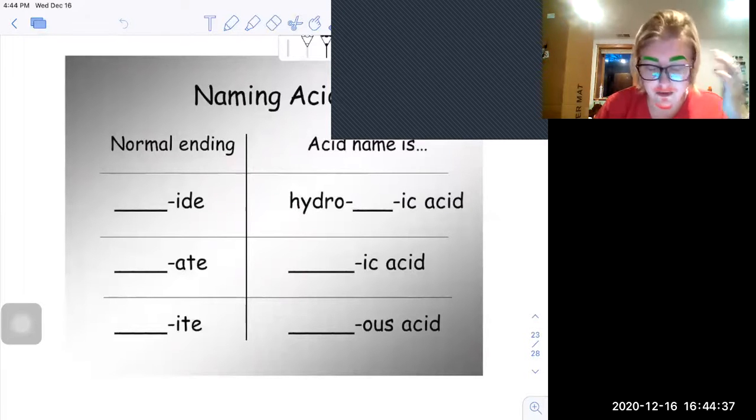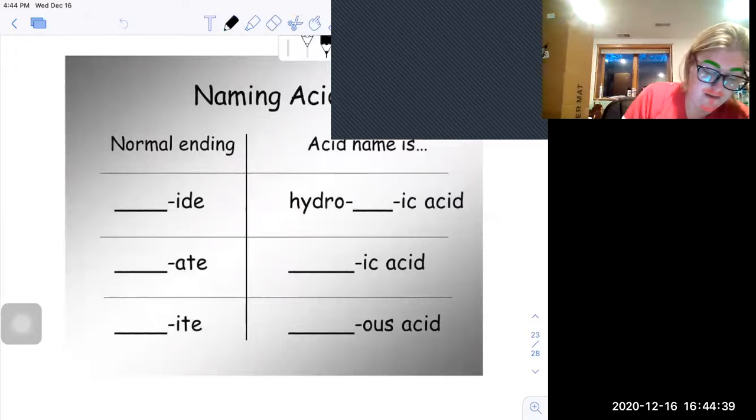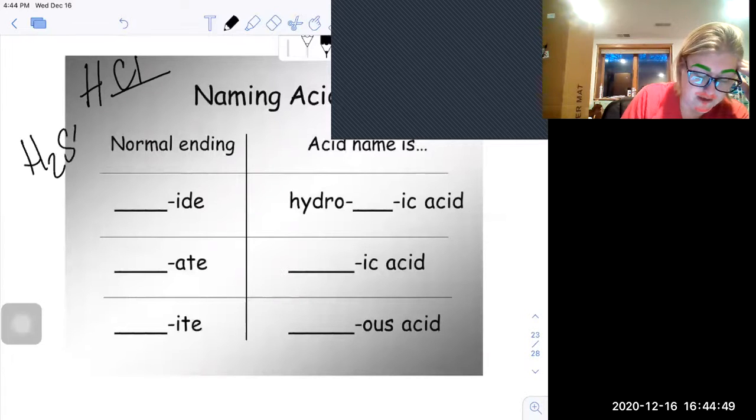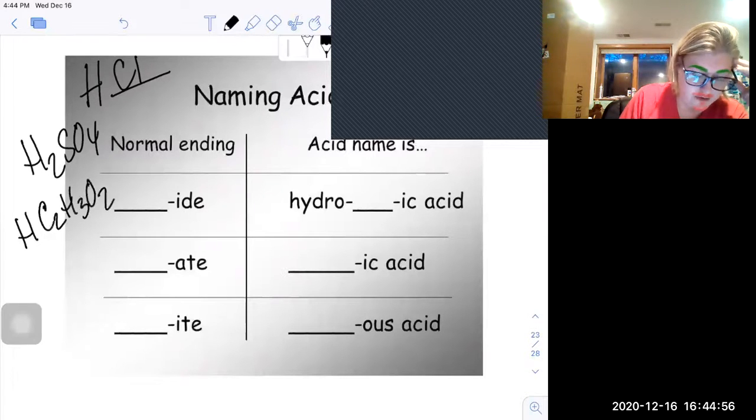So here is how this works. When you have a compound that starts with H and then has something after it, it could be HCl. It could be H2SO4. It could be HC2H3O2.